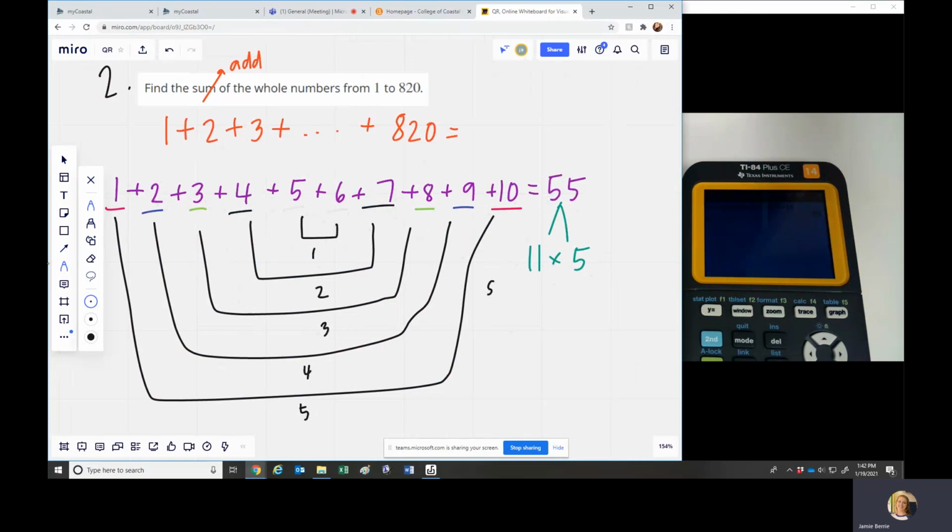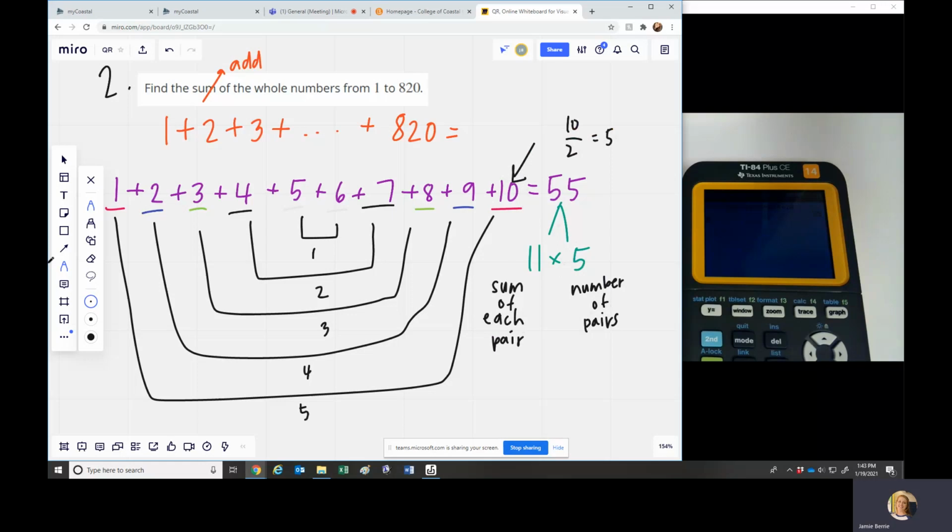So this is the sum of each pair, and 5 was our number of pairs. Another way to find the number of pairs is half of the last number. The last number was 10, and 10 divided by 2 is 5. So that's how many pairs there were.